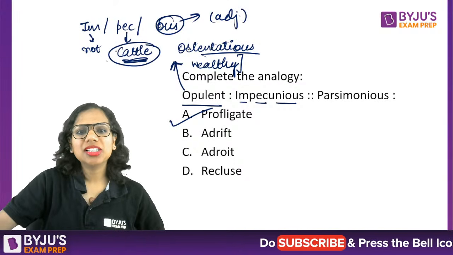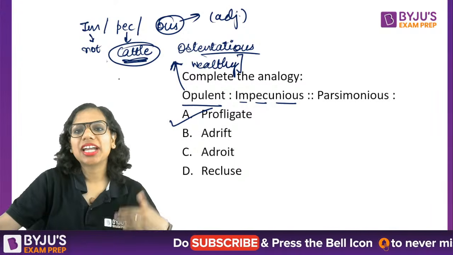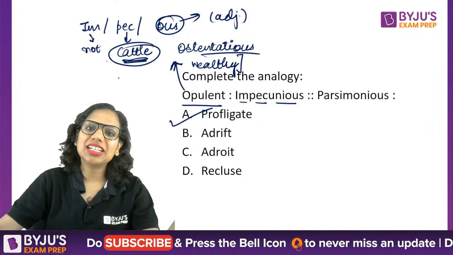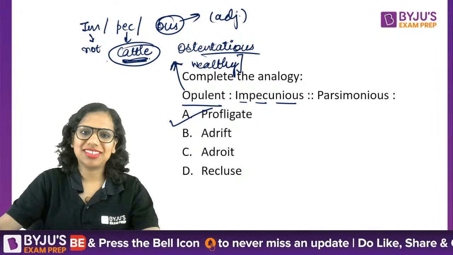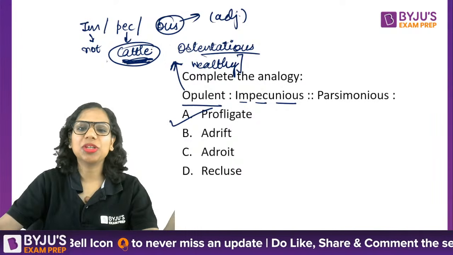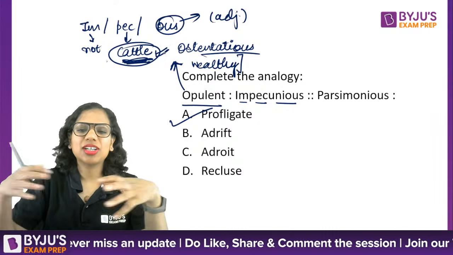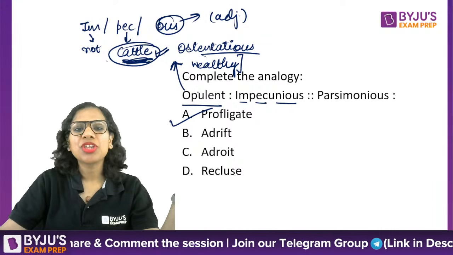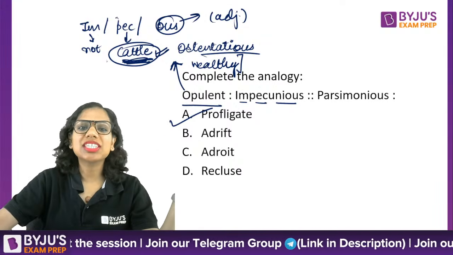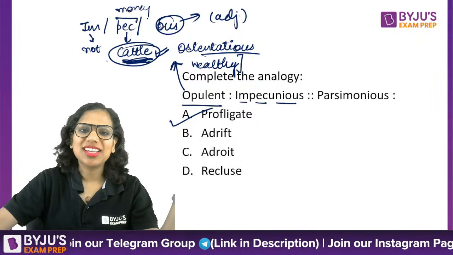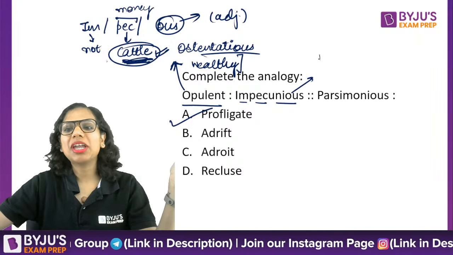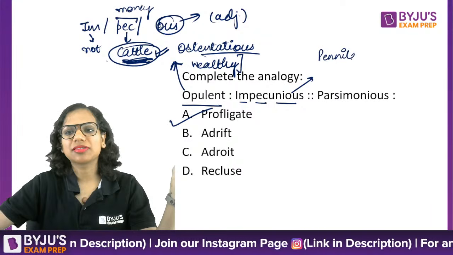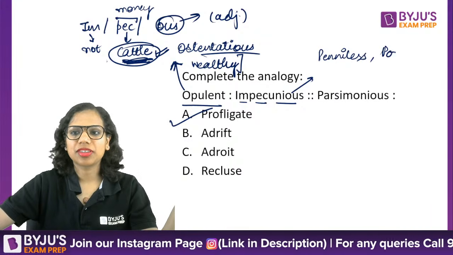Earlier, in an agrarian economy, a person's cattle was their measure of wealth. How many cows, bulls, etc., they have, that is a measure of their wealth. So not having cattle was the same as not having money. So impecunious actually means penniless, not having money, poor.